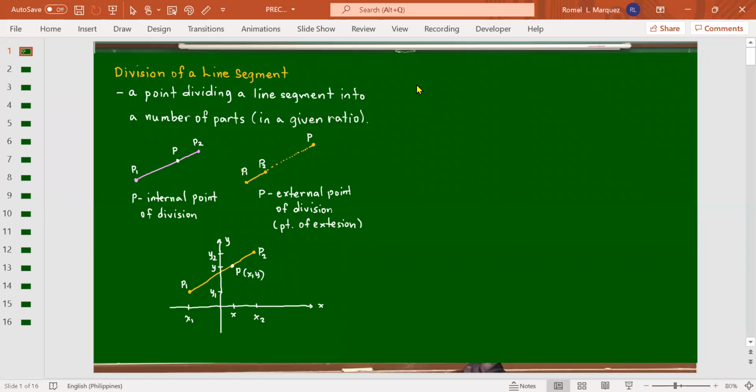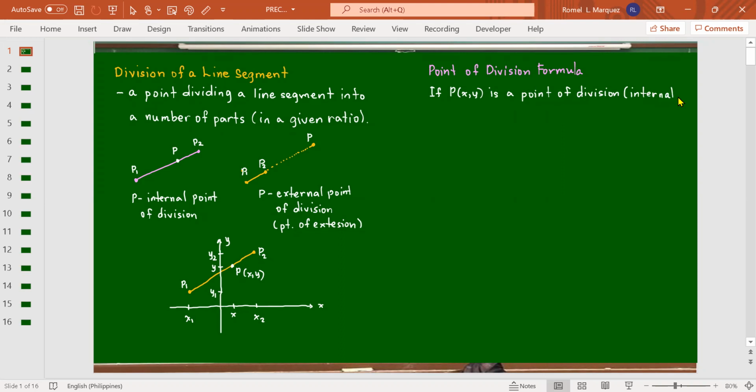So we have the following point of division formula. If P, whose coordinates are x and y, is a point of division, meaning it's either what? Internal or external.